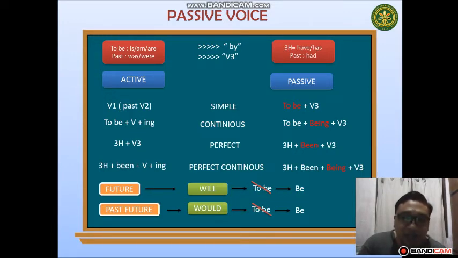Have/has here means have and has, but in the past it is had. And the perfect continuous uses have/has plus been plus verb ing, but in the passive one it is have/has plus been plus being and plus verb 3. So you have to know the simple one.